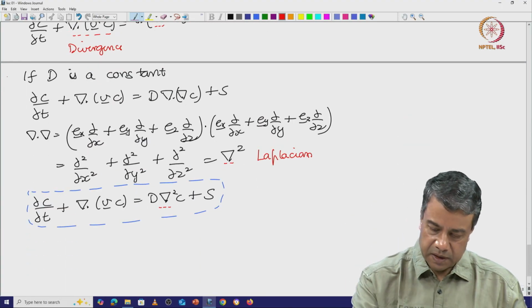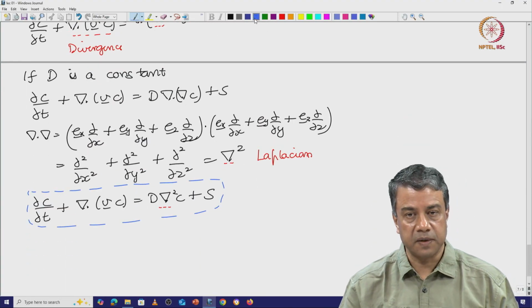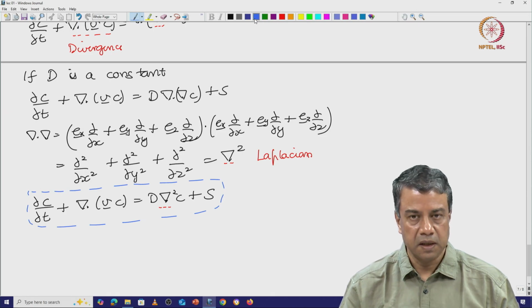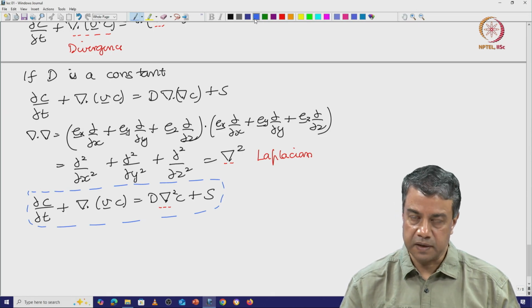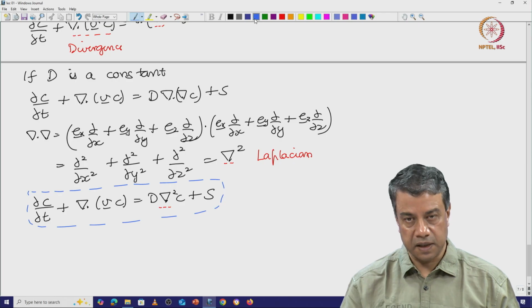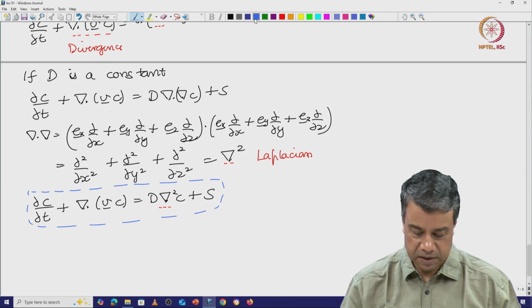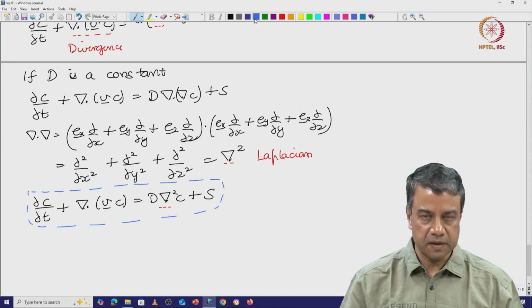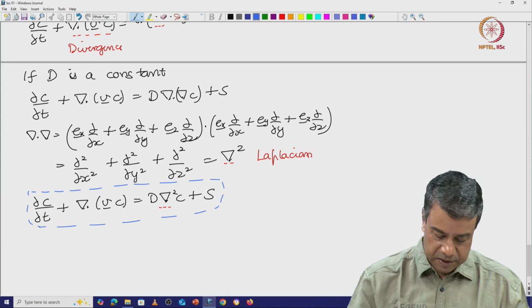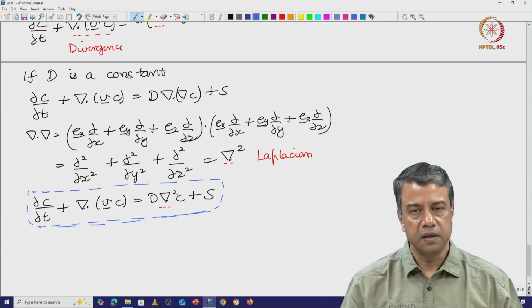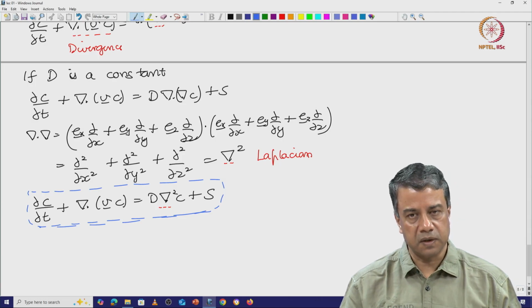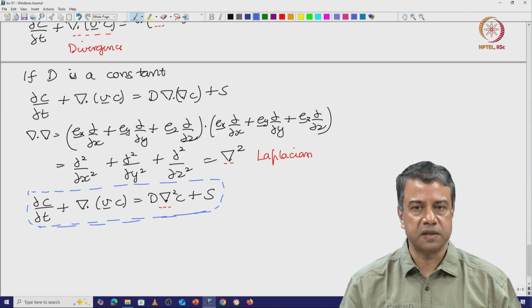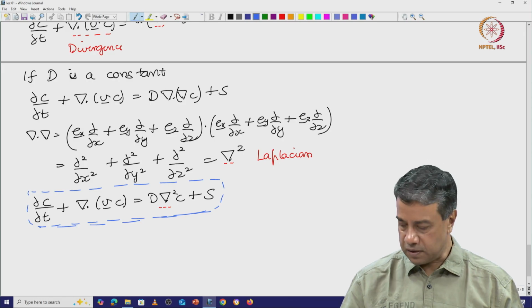Whereas this form here is general. It is applicable in any coordinate system provided you derive the operators here, the gradient, divergence and the Laplacian, for that particular coordinate system. So, this vector form of the conservation equation is a general result, whereas when you express it in different coordinate systems you will have different expressions specific to that coordinate system.